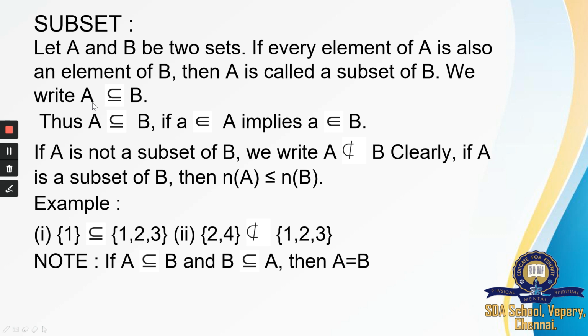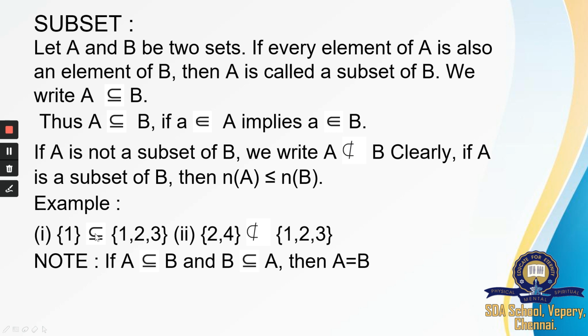It means that if an element a belongs to A, then the element a also belongs to B. In case A is not a subset of B, then we write it like this: A is not a subset of B.